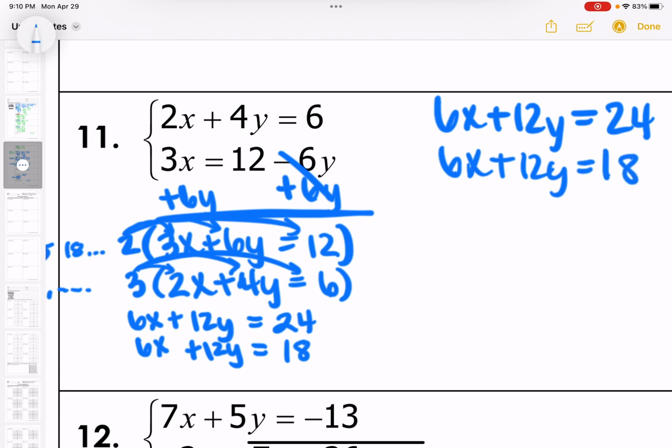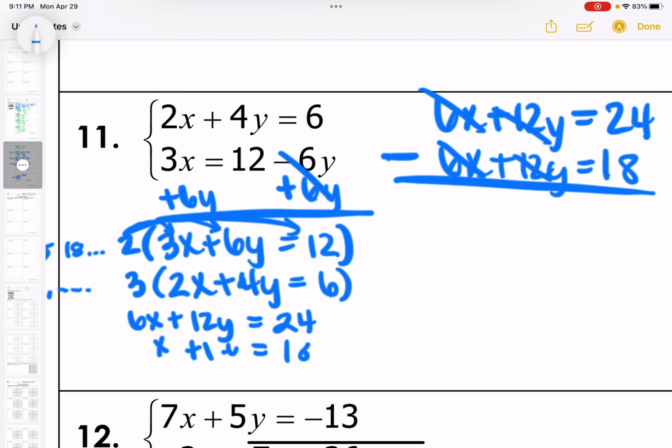All right, so now our x and our y have common coefficients. Okay, both the x's and the y's have the same sign, so that means I'm going to subtract. So 6x minus 6x is 0. 12y minus 12y is 0.